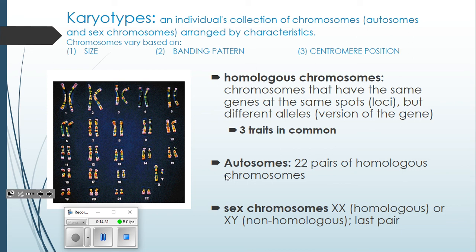The X and Y chromosomes are not a homologous pair. They have a very small section that is homologous, but as a whole, we do not call them a homologous pair. The sex chromosomes are always, 100% of the time, the last pair. Even though their size dictates that they should go elsewhere, they're always at the end. So if I ever ask you to look at a karyotype, sex chromosomes at the end.